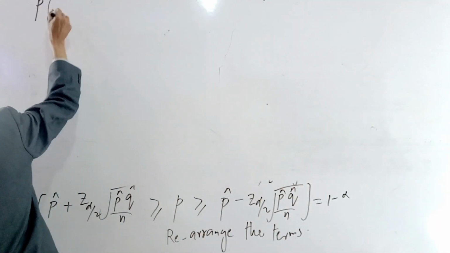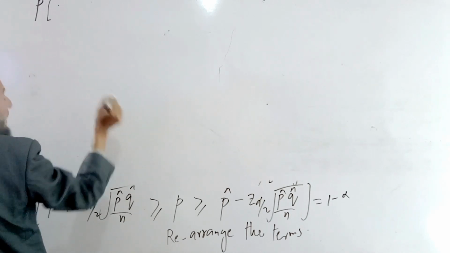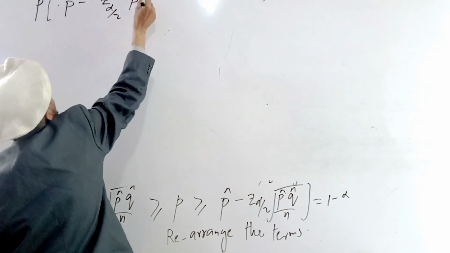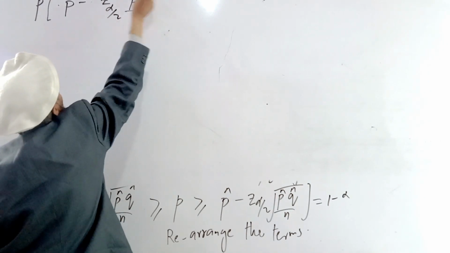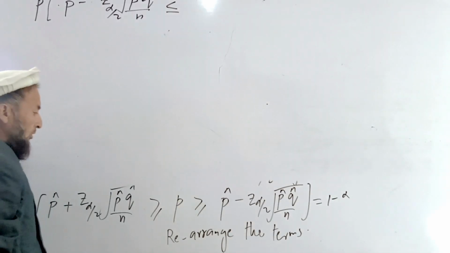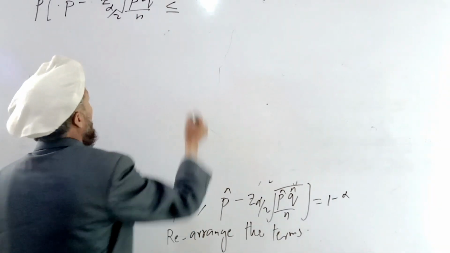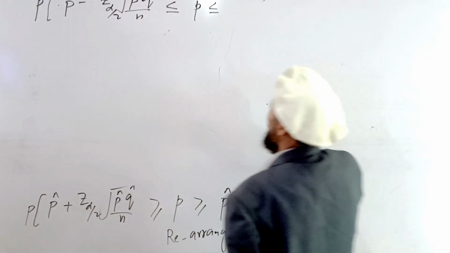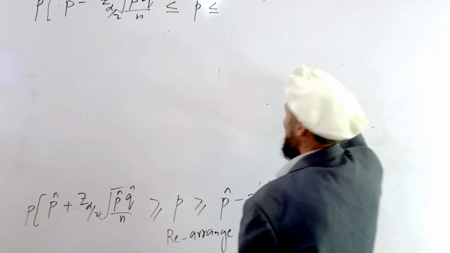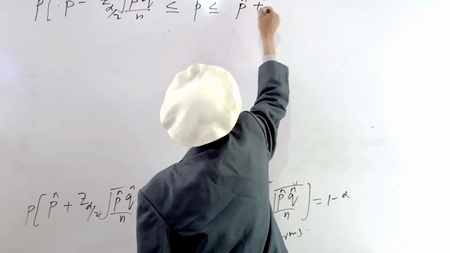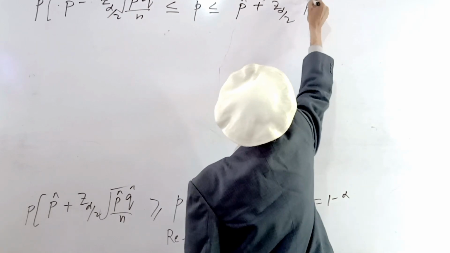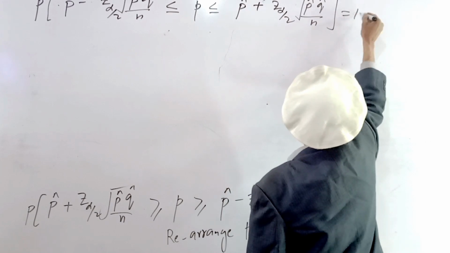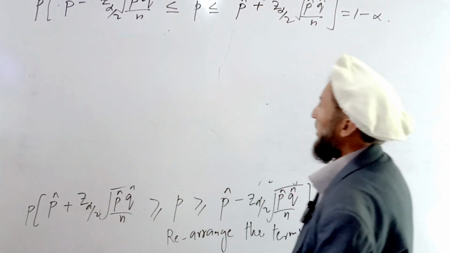Probability of p hat minus z alpha by 2 times the square root of p hat q hat divided by n, less than or equal to p, less than or equal to p hat plus z alpha by 2 times the square root of p hat q hat divided by n, is equal to 1 minus alpha. This is the confidence interval.